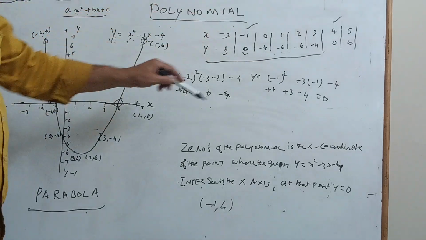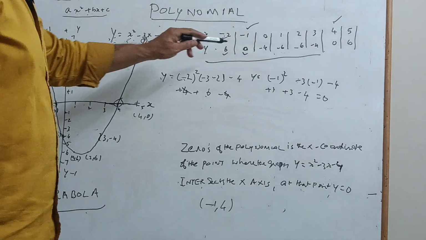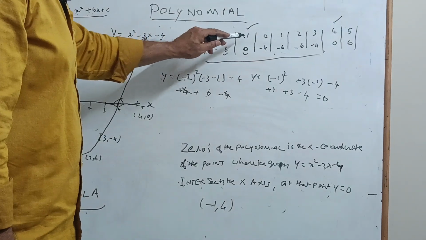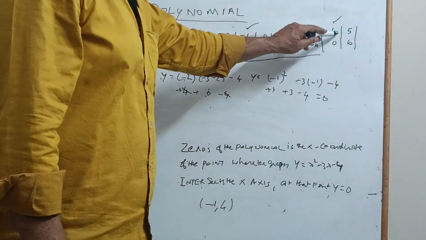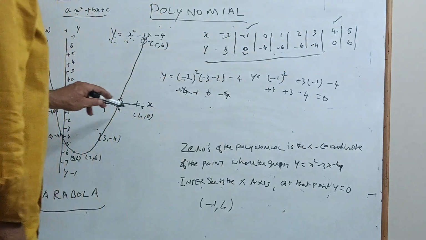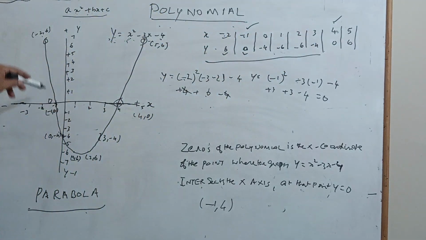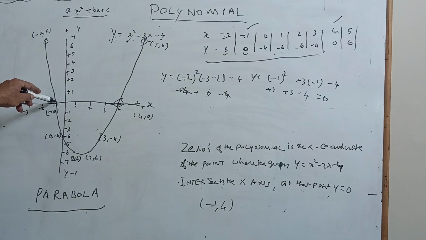Now is it clear? So now if you see for x is equal to -1, y becomes 0 here. For x is equal to 4, again y becomes 0 here. So the graph cuts the x-axis at this point.